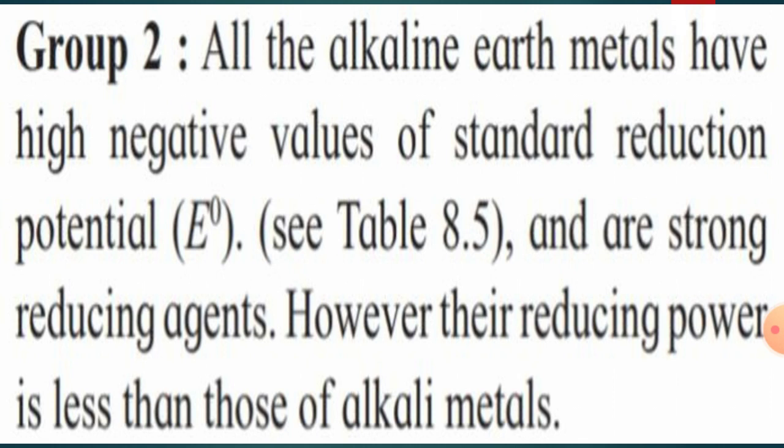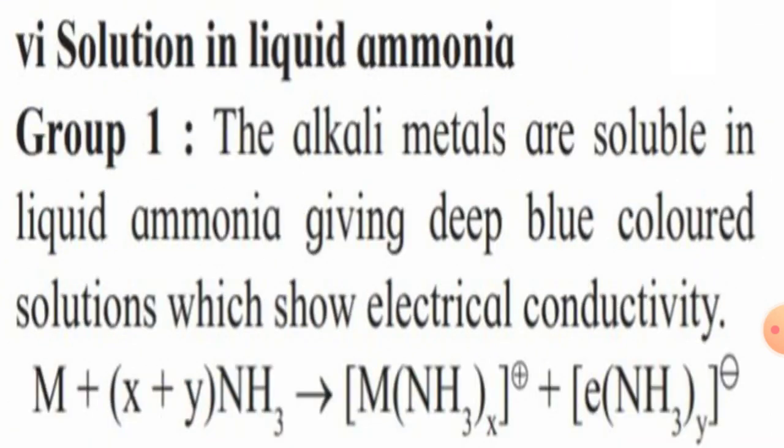So they will be strong reducing agents. However, their reducing power is less than that of alkali metals. Your alkali metals, that is group 1, are more reducing in nature as compared to group 2. Group 2 also has reducing power, but as compared to alkali metals it is a little lesser. Okay, students? Let's move towards the next chemical property.